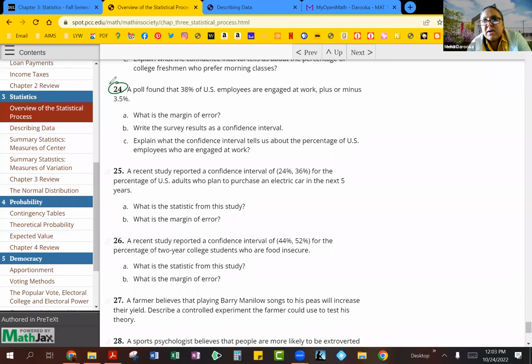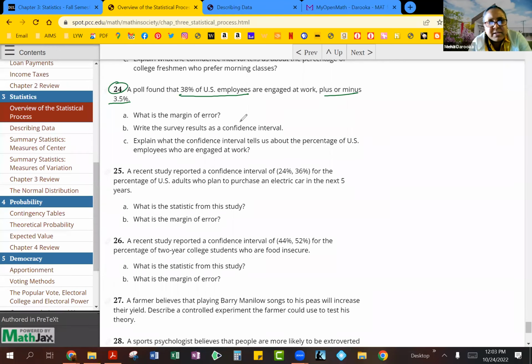So this one is talking about a poll that found that 38% of US employees are engaged at work, plus or minus 3.5%. So what's your margin of error in this case? So a poll found that 38% of US employees are engaged at work, plus or minus 3.5.